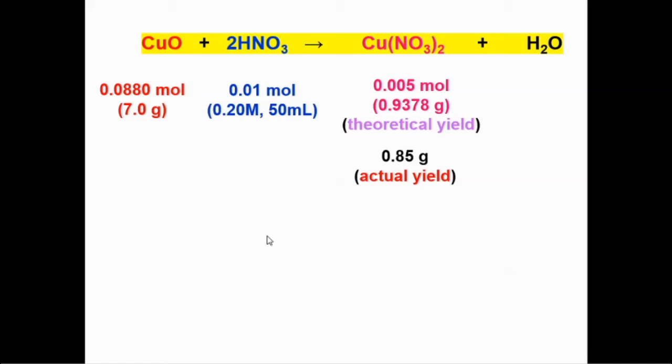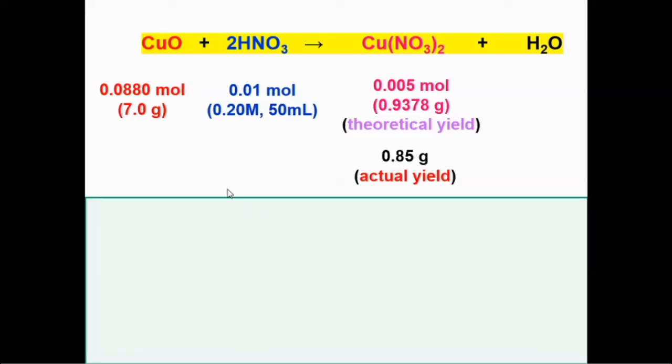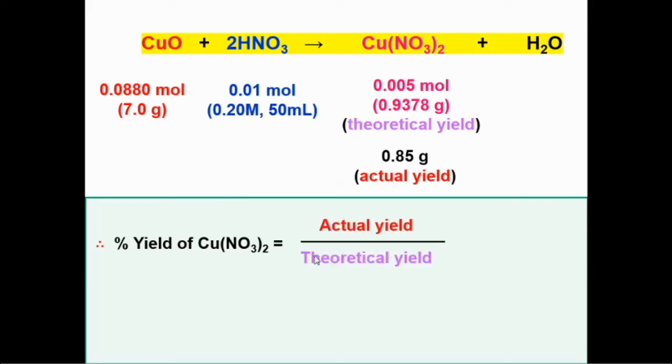So to calculate the percentage yield of copper two nitrate, we know that the actual yield divided by theoretical yield, times 100%. Remember guys, for this actual yield and theoretical yield, you have two options, whether you want to use the moles or the grams.